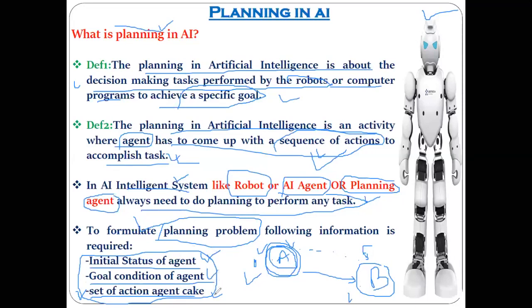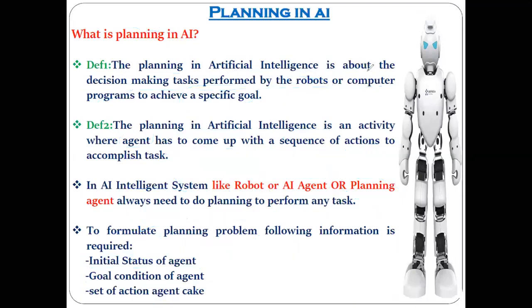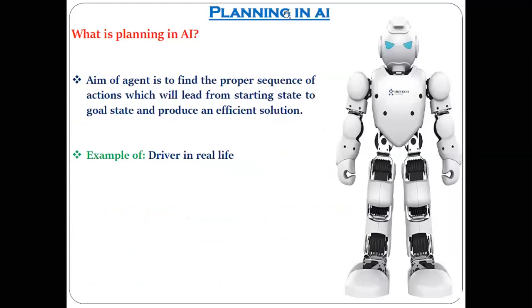The goal condition of the agent, and the set of actions that will be required to reach that particular goal state. Okay. So in other words, the aim of the planning agent or the robot is nothing but to find the proper sequence of actions, to make the proper decision, a sequence of actions which will lead from the starting state to the goal state and produce an efficient solution.